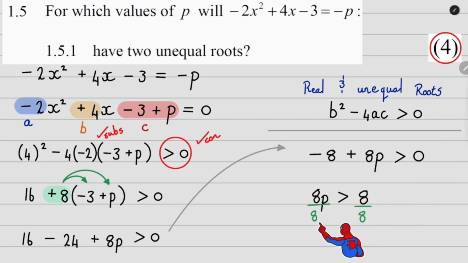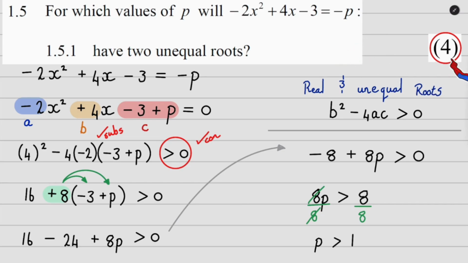Okay, and then these 8s over here cancel with one another, leaving you with just a p on this side, and 8 divided by 8 is simply just 1. So whenever p is bigger than 1, we're going to get unequal roots for this quadratic formula, or unequal x-intercepts if you want to see it that way.